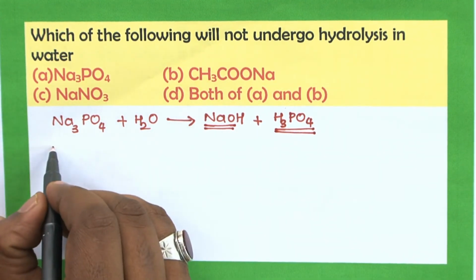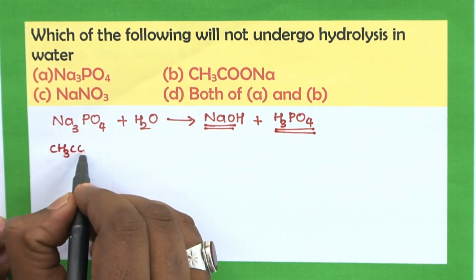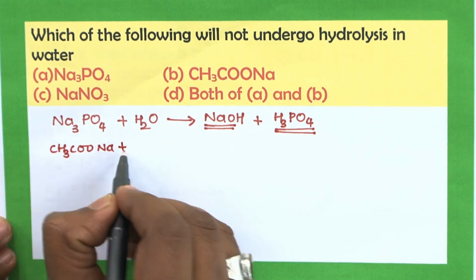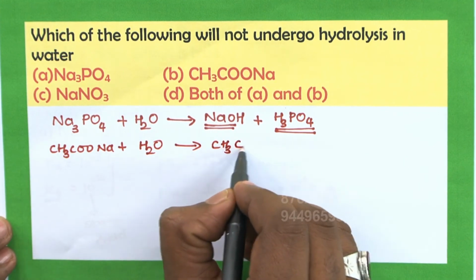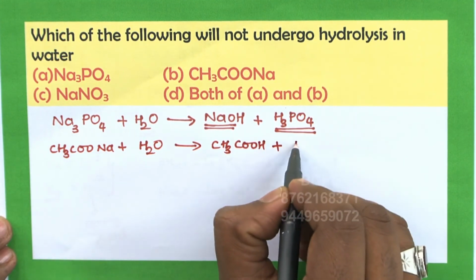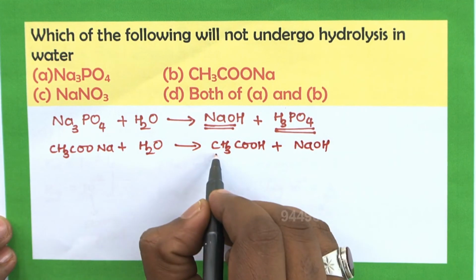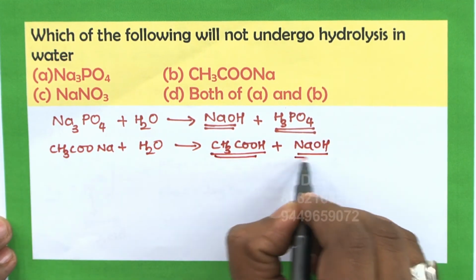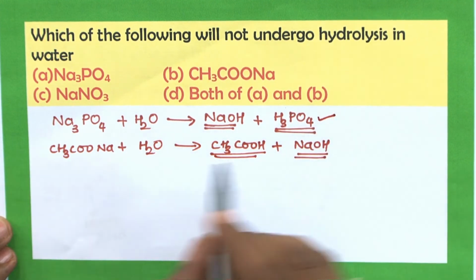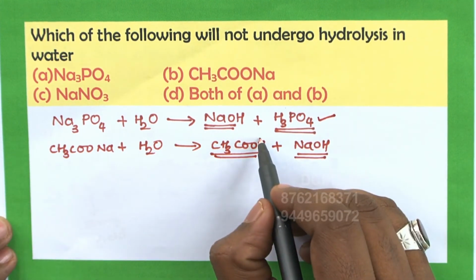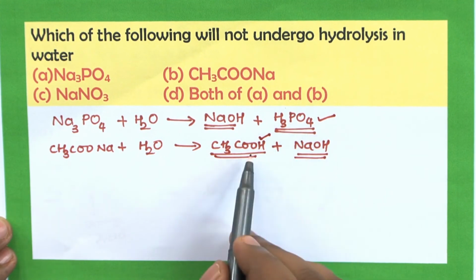Now, sodium acetate, CH3COONa, when treated with water, gives acetic acid plus NaOH, where acetic acid is a weak acid and NaOH is a strong base. So sodium phosphate on hydrolysis gives you a weak acid, sodium acetate on hydrolysis gives you a weak acid. So hence these undergo hydrolysis.